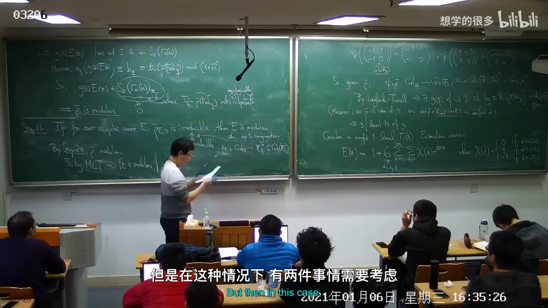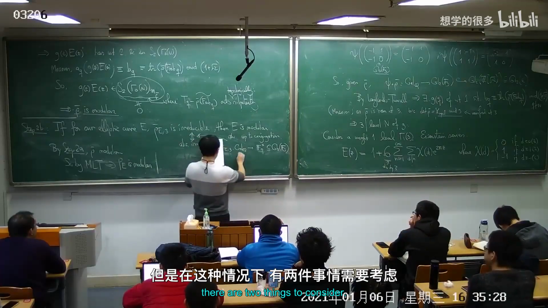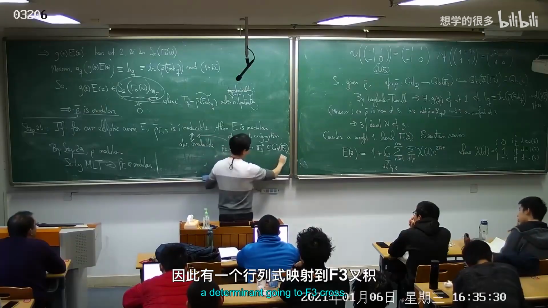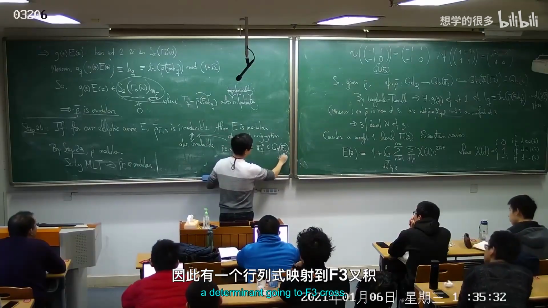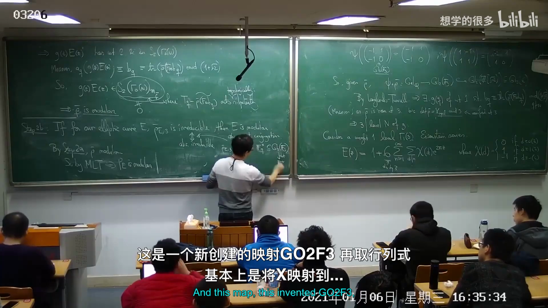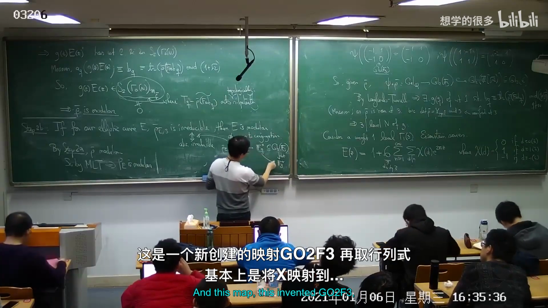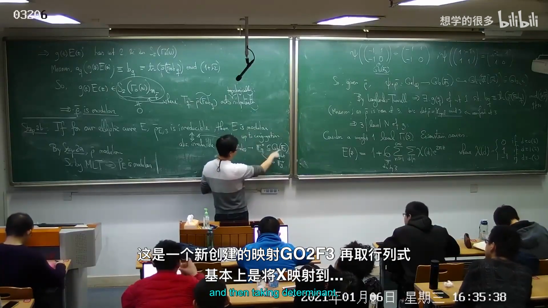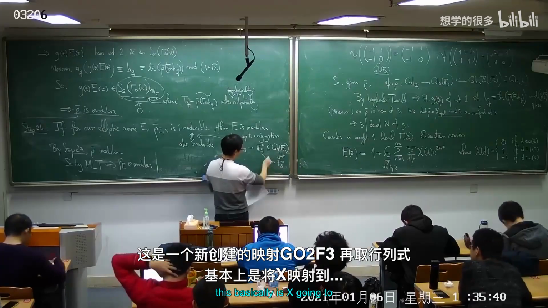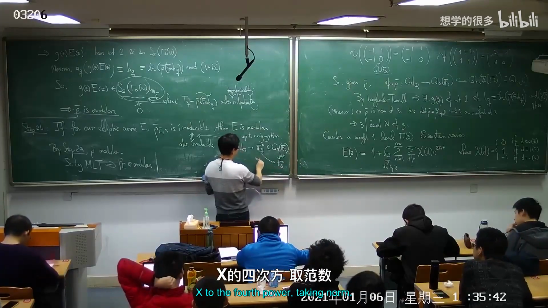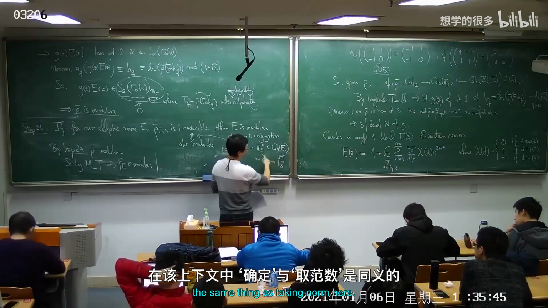But then in this case, there are two things to consider. There's a determinant going to F3 cross, and this map embeds into GL2 F3 and then takes the determinant. The determinant is the same thing as taking the norm here.